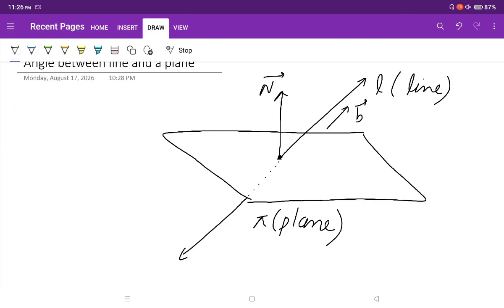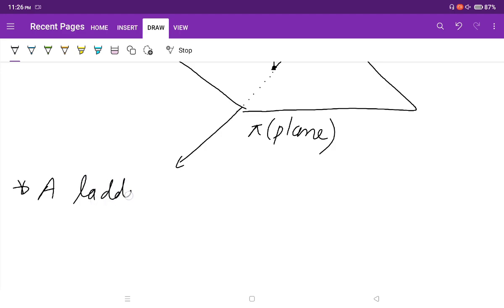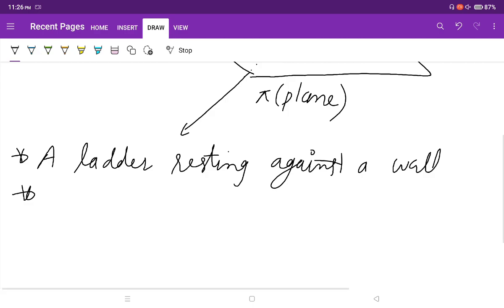So we see the real life examples where these things are used. Suppose a ladder resting against a wall. Here the line and plane angle concept is used.